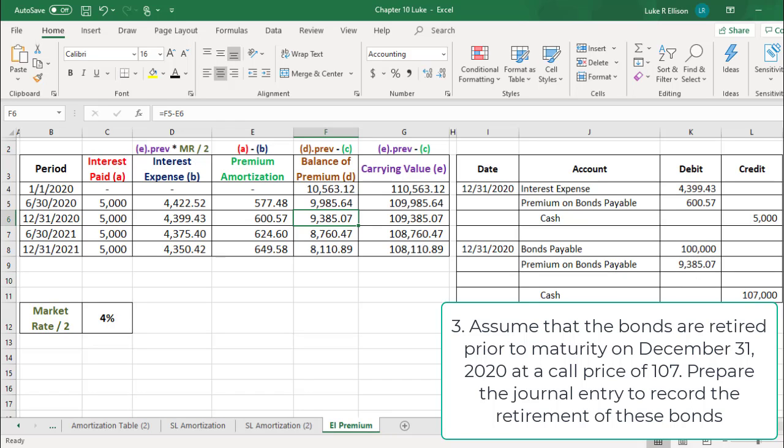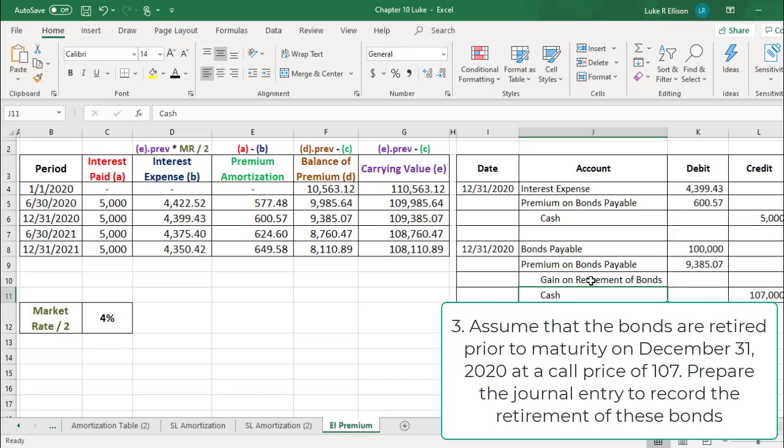Now if you look back at this journal entry, you'll notice that the total of the debits is a little bit larger than the total of the credits. So that means we have to make up the difference on the credit side. And if you have to make up the difference on the credit side for this part, you're going to call this the gain on retirement of bonds. And if it was the other way around, meaning you had to make up the difference on the debit side, you would call this the loss on retirement of bonds.